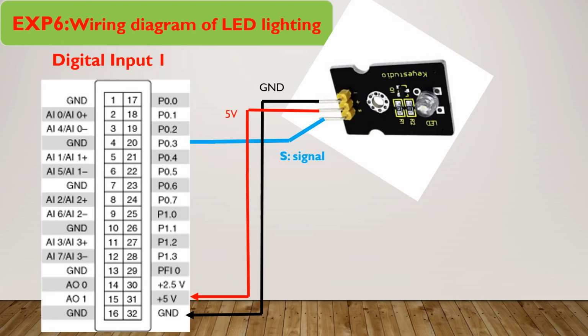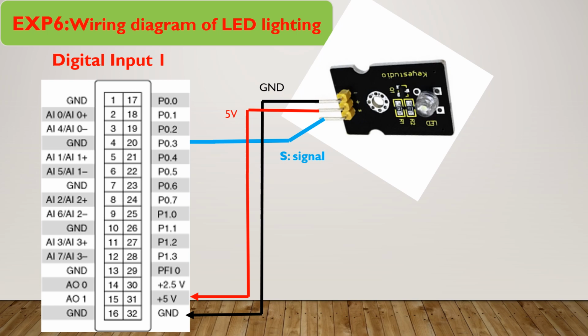In the last example, example number 6, I want to connect LED lighting to the data acquisition card. Terminal number 20, or pin P0.3, is a digital output. We want to connect to the LED module, and we have two wires. The red one is the 5 volt power supply, and the black one is the ground, connected to the power module.